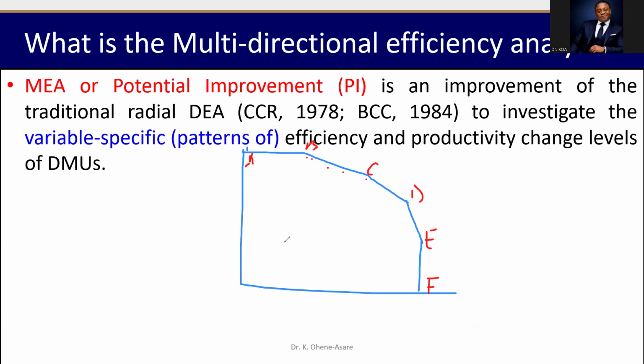So let me tell you, if a guy is here, this is important. This is a non-radial part here. If the guy is here, let me put it this way. If the guy, I'm strategically positioning this X variable, has a choice to go here to become efficient and has a choice to go here to become efficient, which one should he go for?